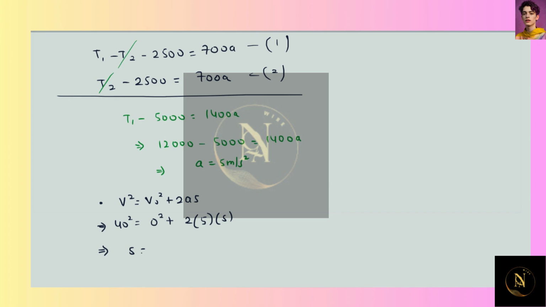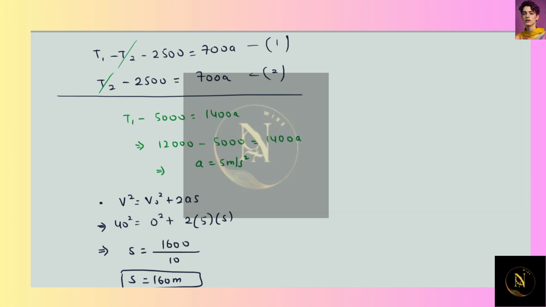So s is going to come out as 1600 over 10, which is 160 meters. So this is the required answer for part A, the distance it must travel to come to that particular speed. So this is how it looks.